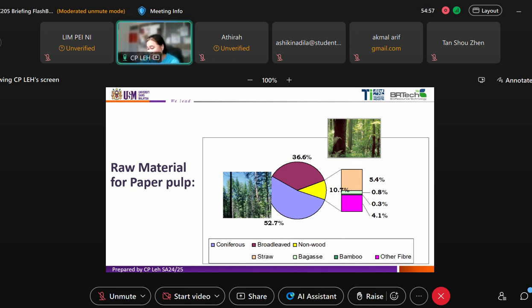But because the material supply of non-wood is very small compared to wood, the capacity of the pulp mill is much smaller compared to a wood-based pulp mill.